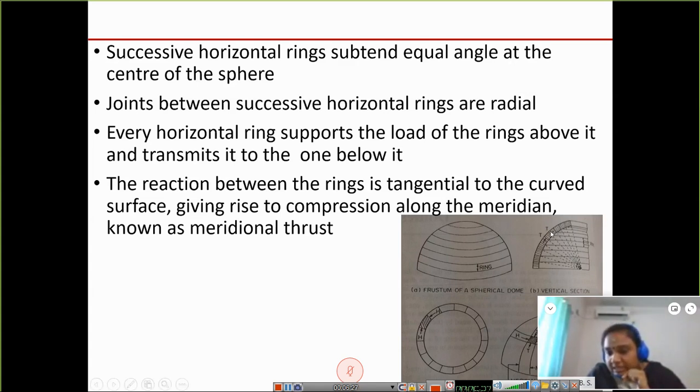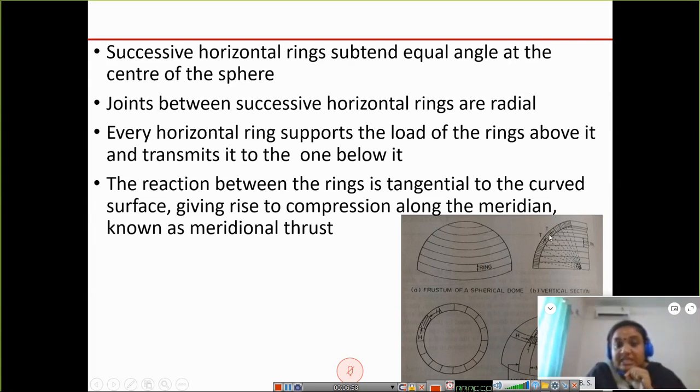So you can see that this is the joint I'm talking about, and these joints are assumed to be radial, similar to what you have studied in arches. The joints are radial, and you have studied about the voussoirs and all. It is the similar kind of unit that we are talking about now.